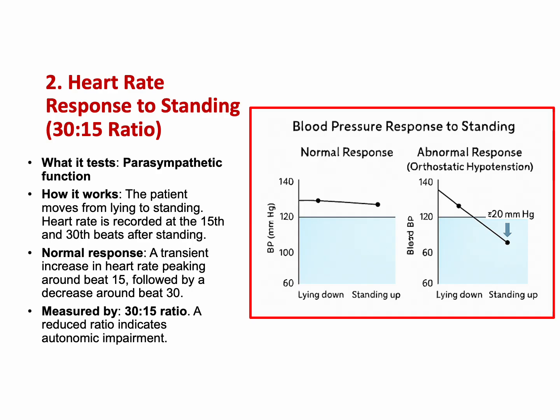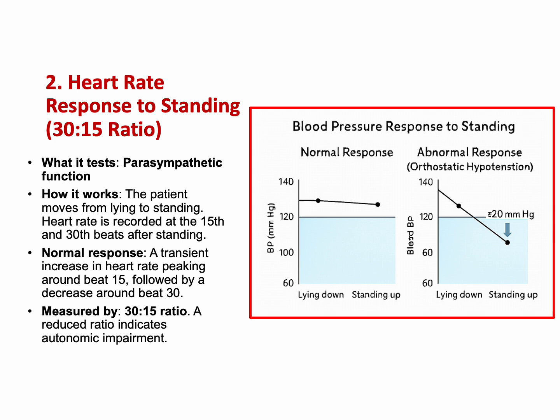The second is heart rate response to standing, or the 30:15 ratio. This test evaluates parasympathetic function by measuring heart rate changes from lying to standing. A normal response shows a peak at beat 15 and a drop by beat 30. The 30:15 ratio reflects this. A lower ratio suggests autonomic dysfunction.